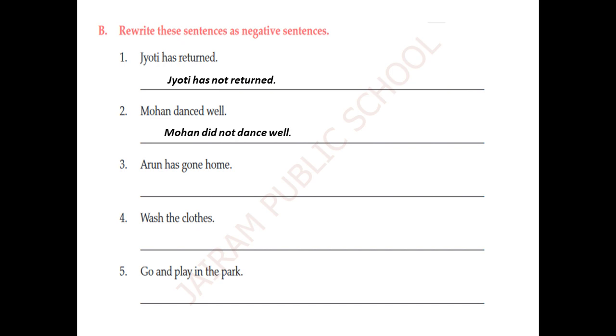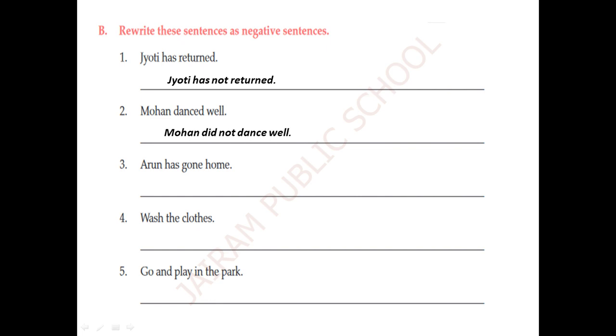Morgan did not dance well. Here danced, the verb is past form. In the answer sentence, did is a past form. When did comes, the next action verb should be present. Morgan did not dance well.